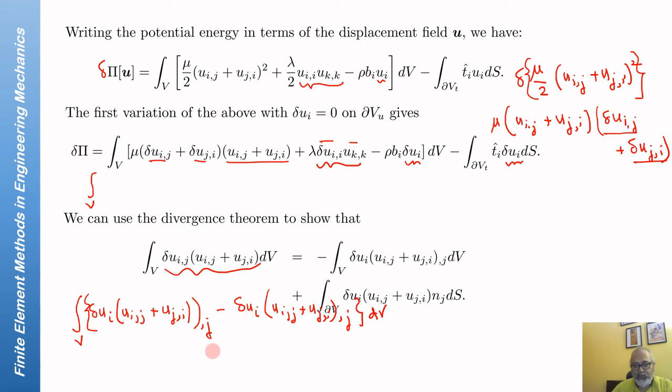Okay, both contain del ui, and then to the first term you can apply the divergence theorem, and it becomes an integral over the surface, and you can write it as del ui (ui,j + uj,i) nj ds, minus the volumetric term remains.